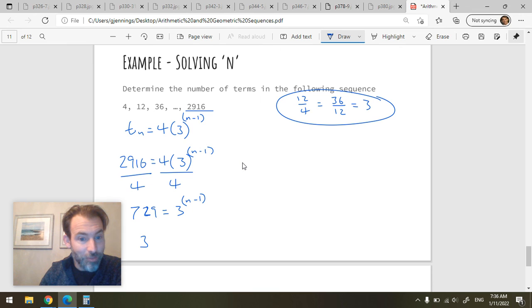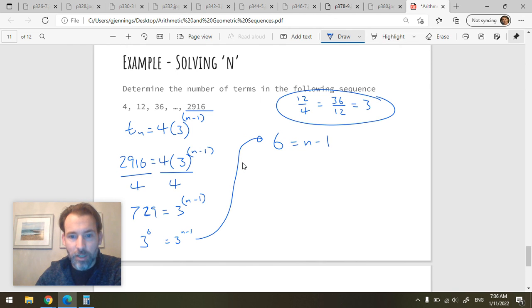So that's 3 to the 6 is equal to 3 to the n minus 1. So now I can remove the bases, and I can just say 6 equals n minus 1. And then I add 1 to both sides. 7 equals n. Okay. Therefore, 2916 is equal to the 7th term.